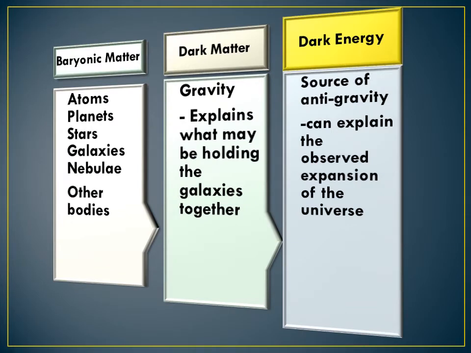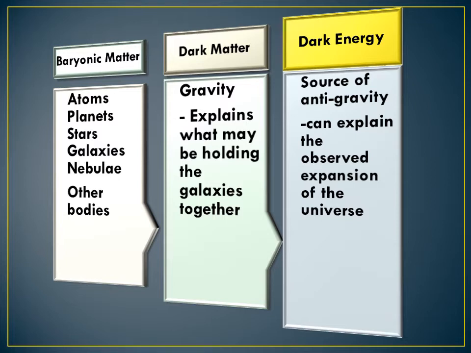Let us differentiate the three compositions of the universe. Baryonic matter are ordinary matter consisting of protons, electrons, and neutrons, such as atoms, planets, stars, galaxies, nebulae, and other bodies. Dark matter also are matter that has gravity but does not emit light.